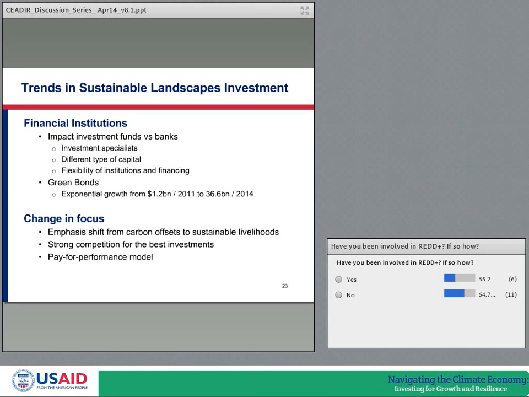So we're looking more at impact investors and investment funds and unique financial intermediaries that have more flexible capital, that maybe are getting their capital from philanthropic sources or funds that have an aim or purpose or initiative that says, I want to put my money in an environmentally friendly investment vehicle. They also have the need to have specialists for this type of investor.